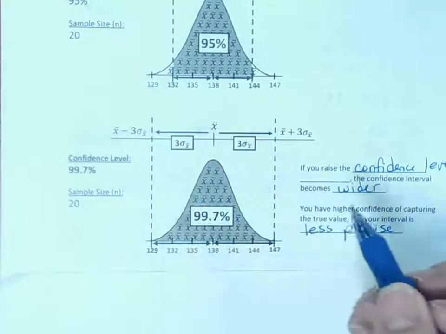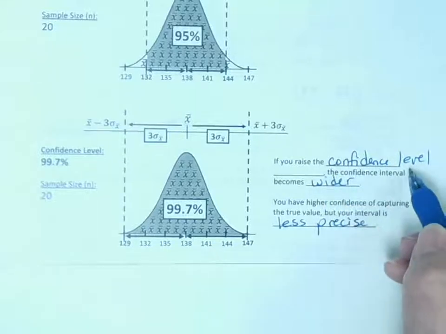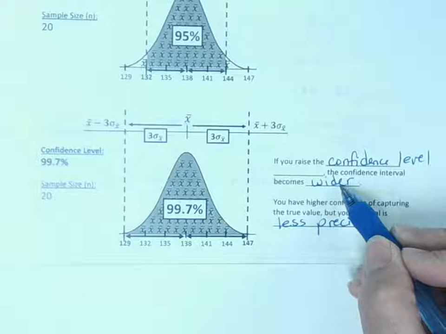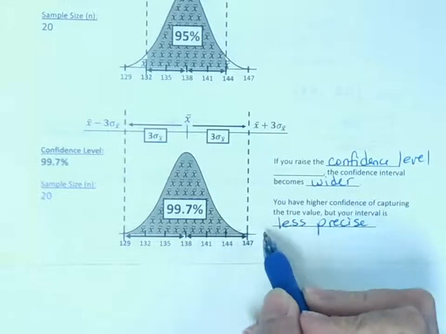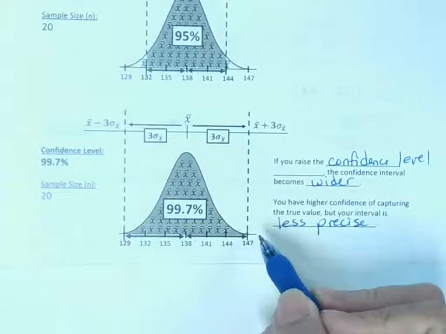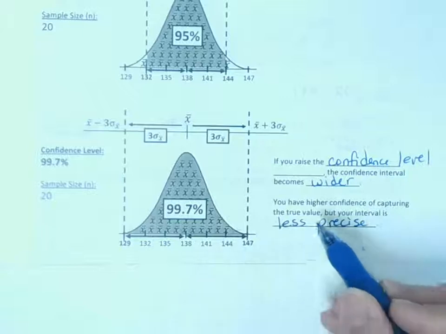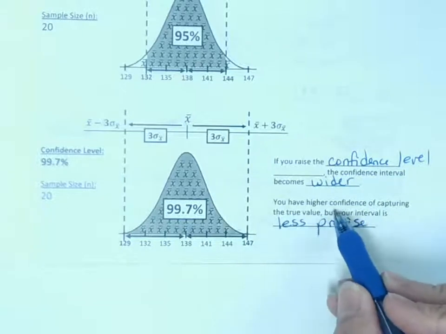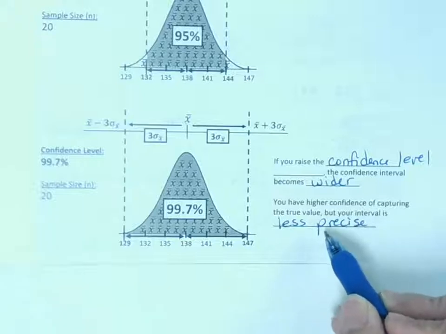instead of 2. And so what we need to say is that if you raise the confidence level, the confidence interval becomes wider. Because to get that higher confidence level, we have to go out further, more standard deviations. So when we have this wider confidence interval, we have a higher confidence of capturing the true value, but the interval is less precise.